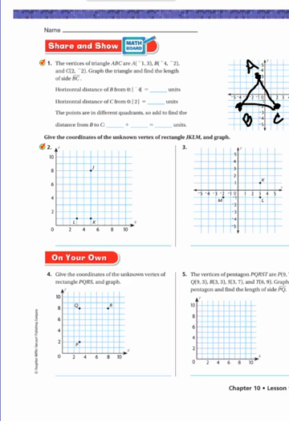So, horizontal distance of B from 0. I'm going to use my highlighter and show you what I'm talking about. 0 is here. Okay? B is 4 away from 0. C is 2 away from 0.